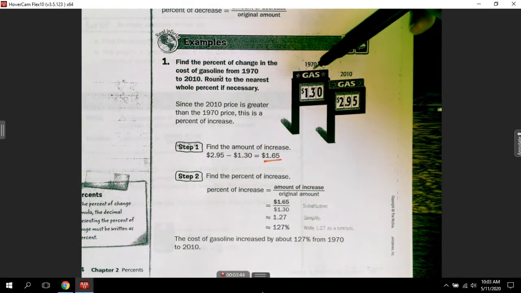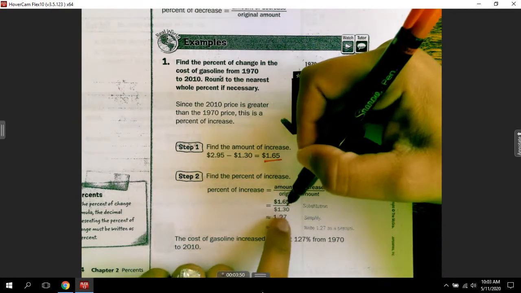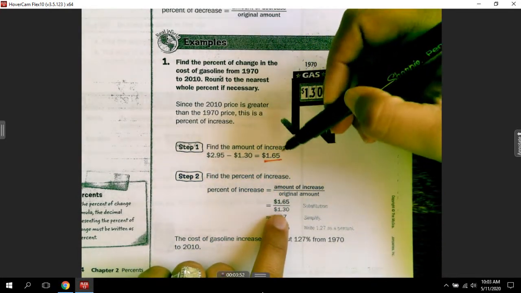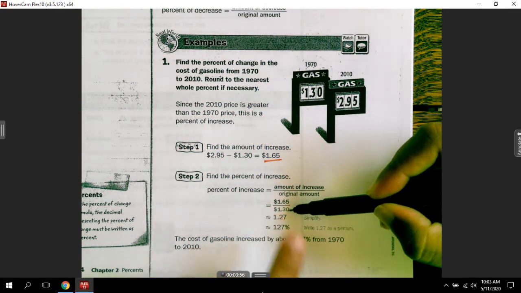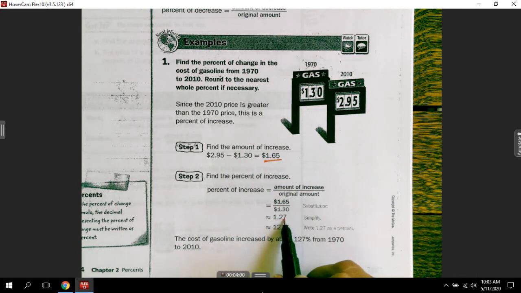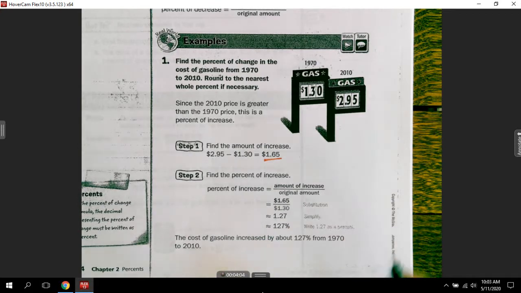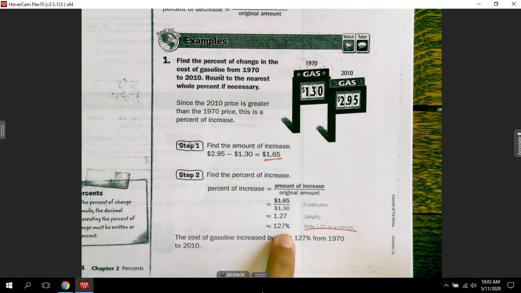So in 1970, that's the first piece of information we know, so that's your original cost, okay? So you're taking that $1.65, the percent of the amount of increase, and you're dividing by that original price, okay? So when you divide that in calculator, you're going to get 1.27, rounded, obviously. And then you have to write that 1.27 as a percent, okay?